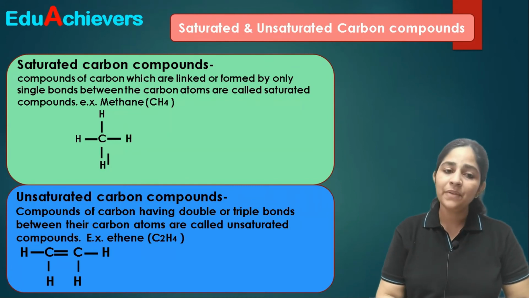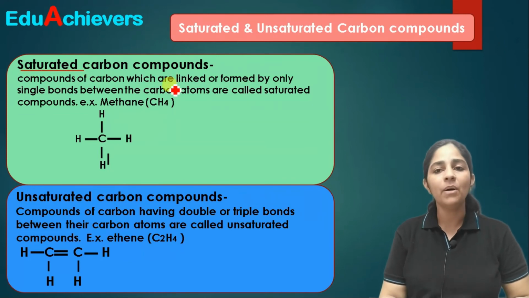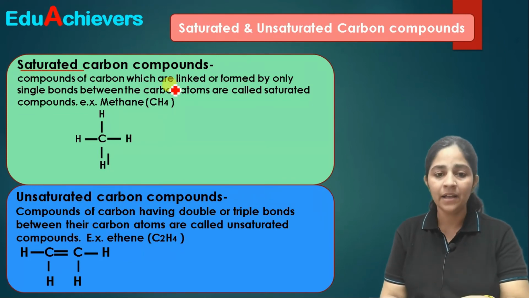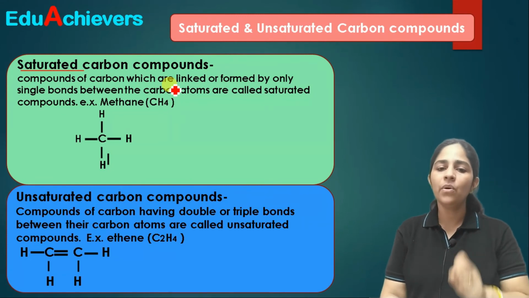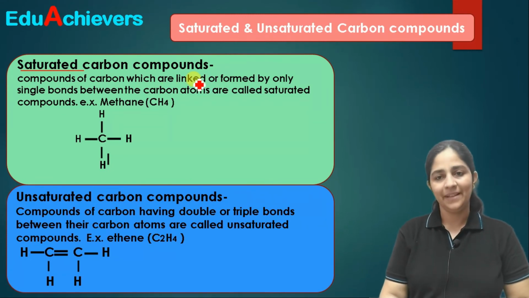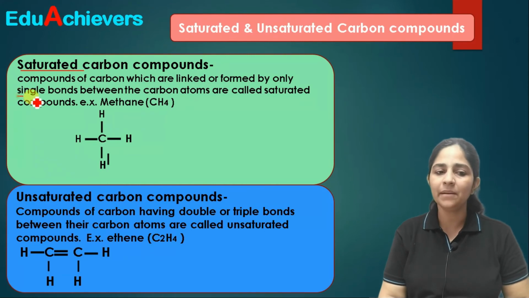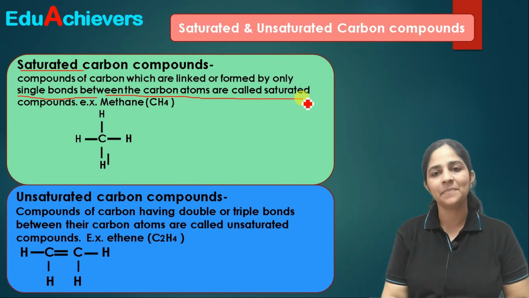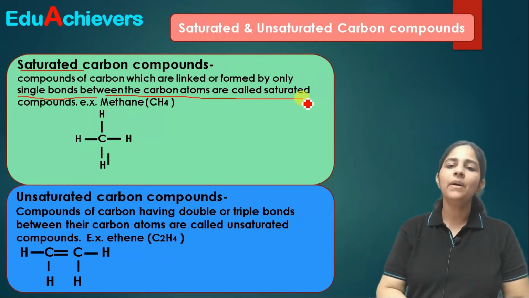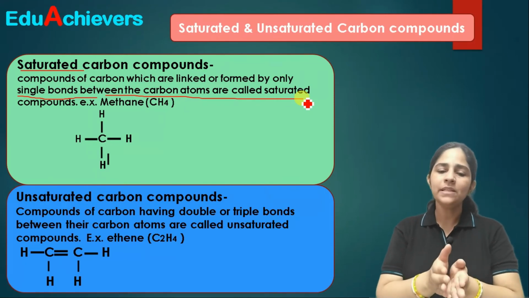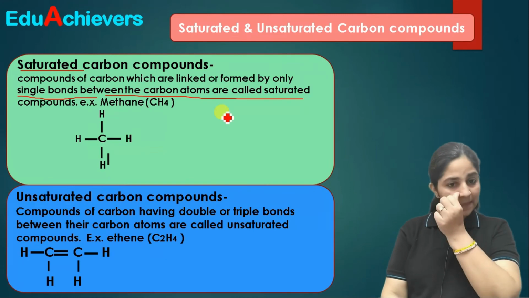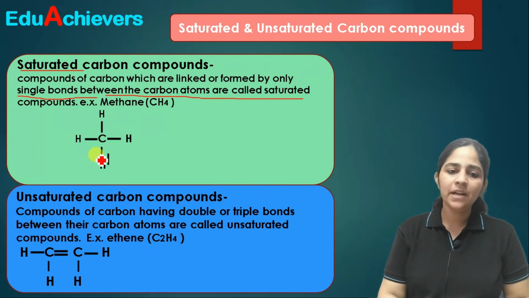Okay, so when we talk about saturated carbon compounds, that means these are the compounds formed of carbon which are having only single bonds. They will not be having a double bond, they will be having only single bonds between the carbon atoms. Those compounds are called saturated carbon compounds.